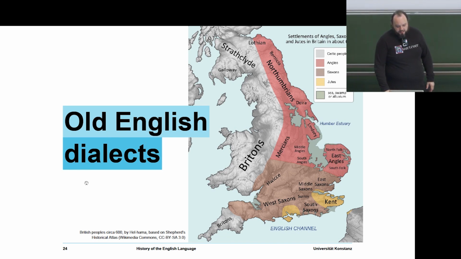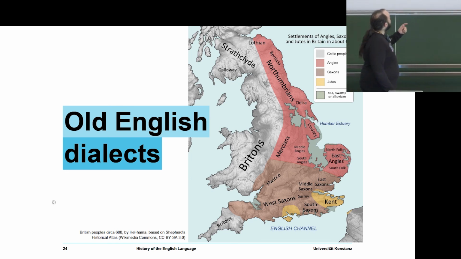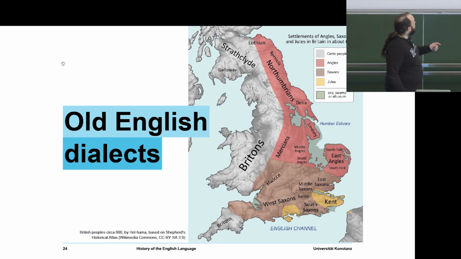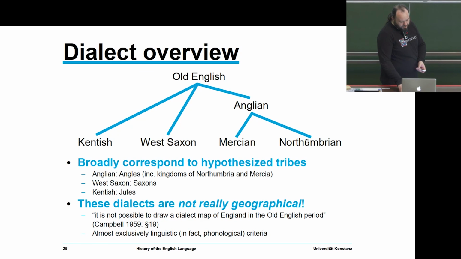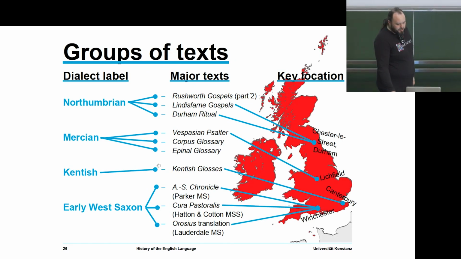So it really doesn't make that much sense to think about it in terms of these straight lines. What we actually have evidence for is a few specific points, and that's what I'll show you on the next slide. So here we have a few specific monasteries.